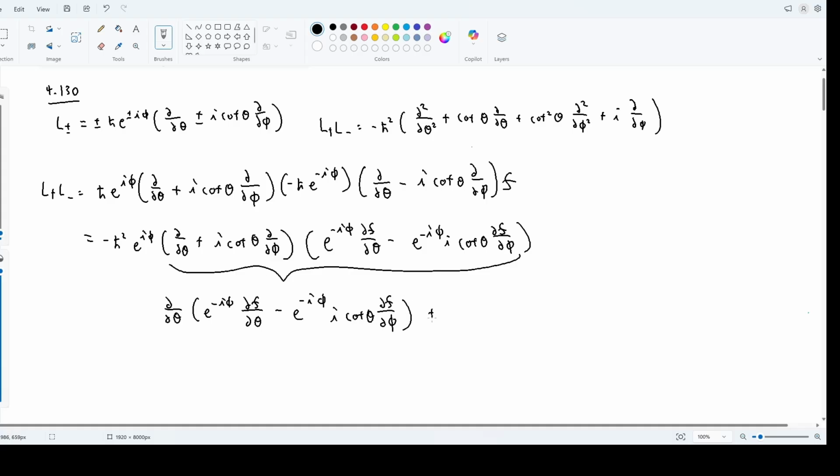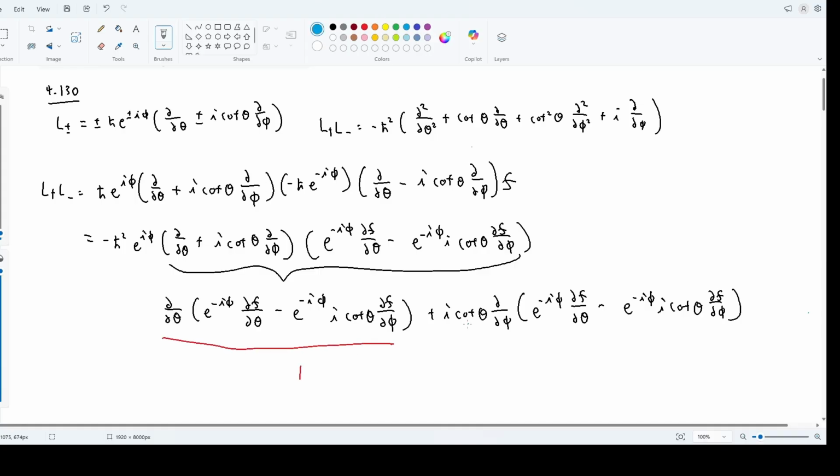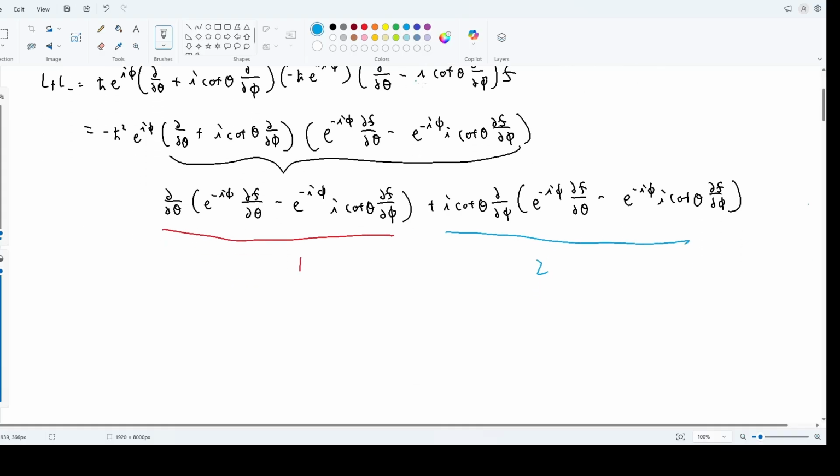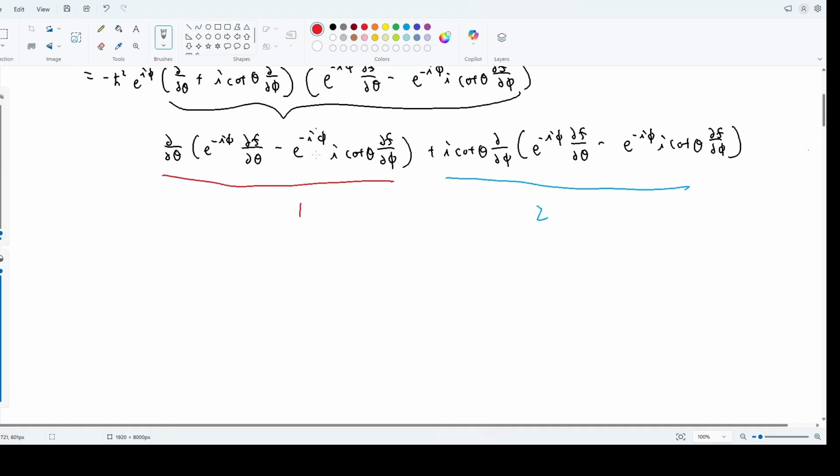And then term 2 is plus i cotangent theta d by d phi of e to the negative i phi df by d theta minus e to the negative i phi i cotangent theta df by d phi. Okay, now this is going to give us term 1, and then we're going to have term 2. This is going to be kind of a long expression, so let's do them separately. First off, term 1.